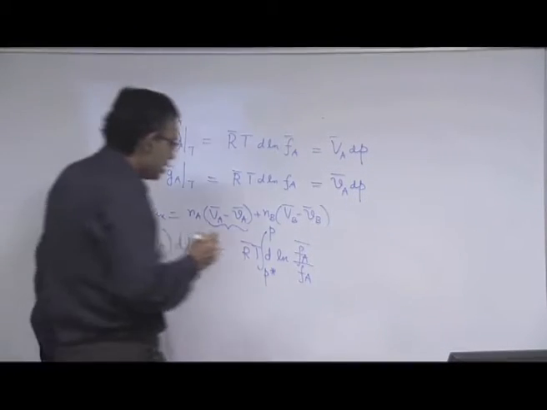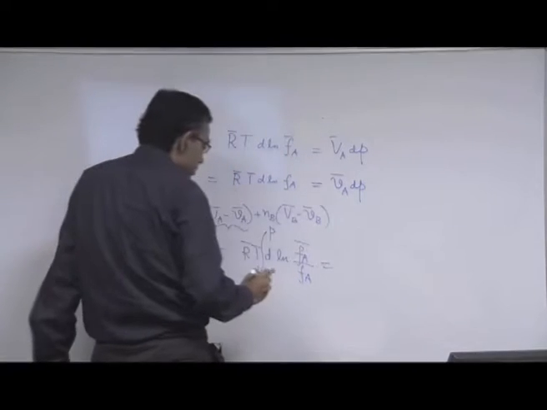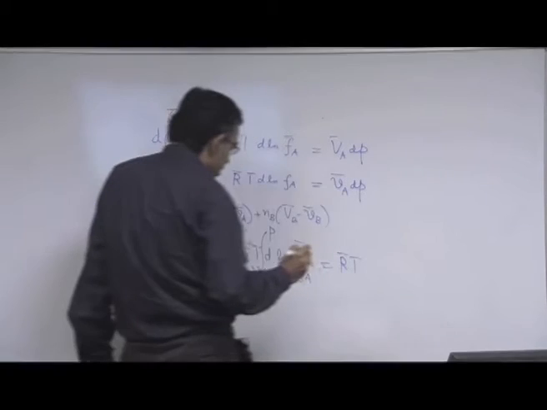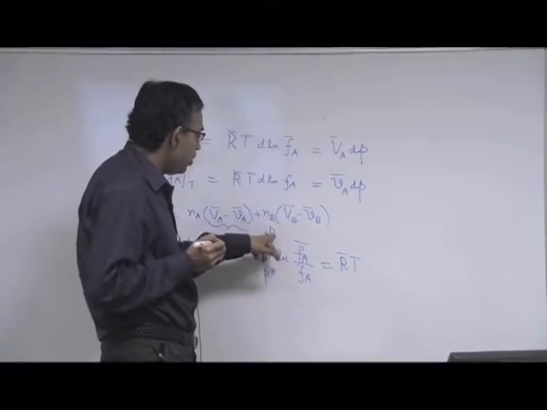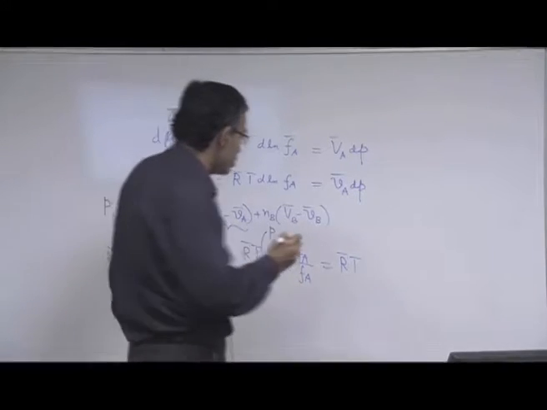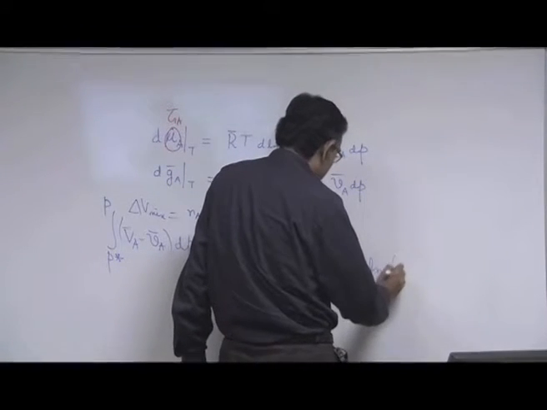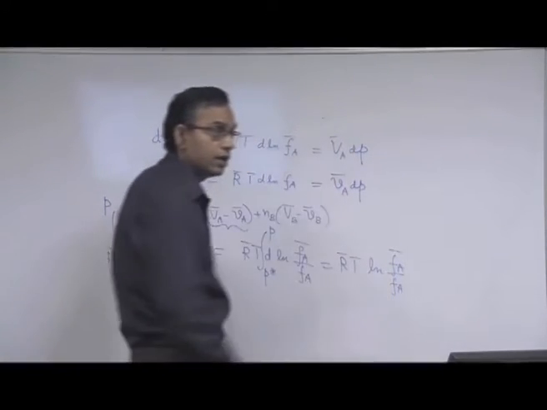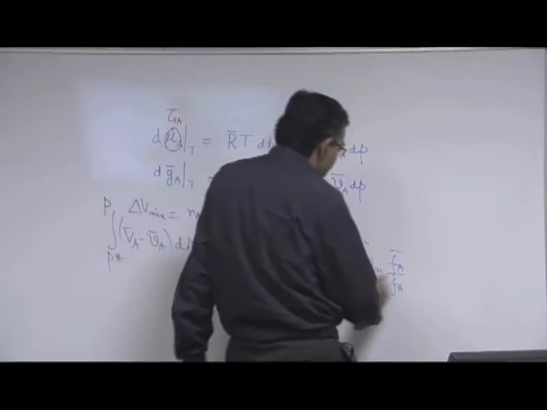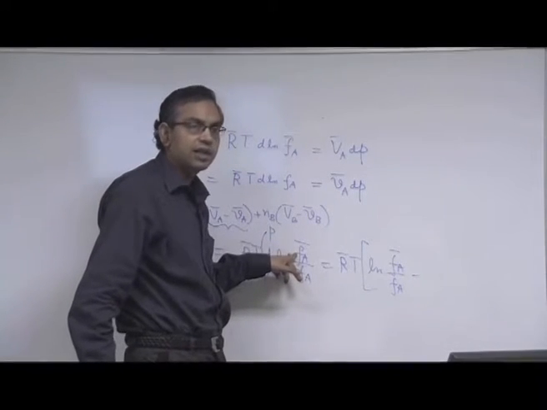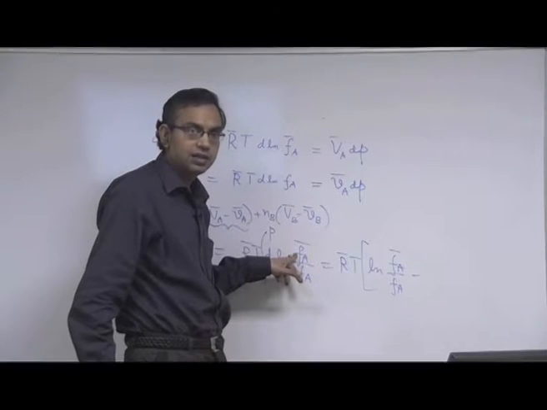So then let us concentrate on the right hand side. At P equal to P, F bar A equal to F bar A and Fa is equal to Fa. So ln F bar A by Fa minus, at P equal to P star, what is the fugacity of the component A in the mixture?